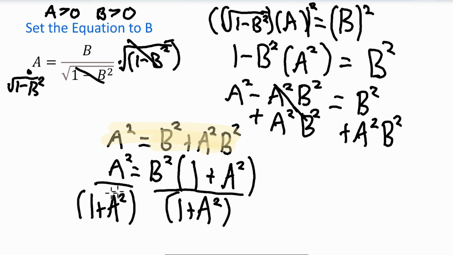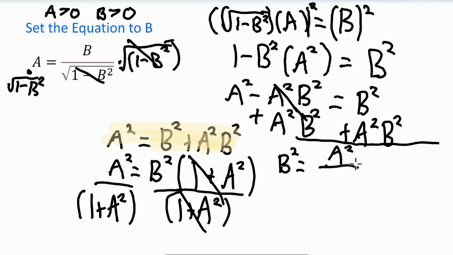Okay, so we divided this, so these cancel out. Now let's rewrite our new equation. We have b squared is equal to a squared divided by 1 plus a squared. Now we almost have b by itself, but notice we have a b squared here.